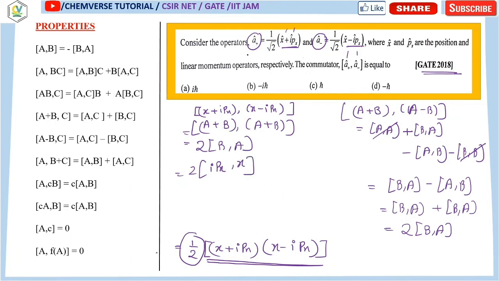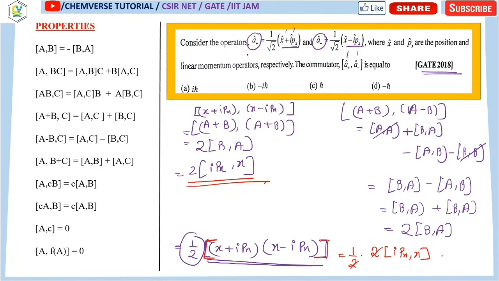So this commutator part has a value of 2 commutator i px x. Here I can write half into 2 commutator i px x.